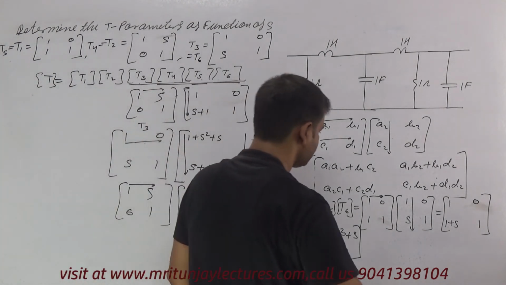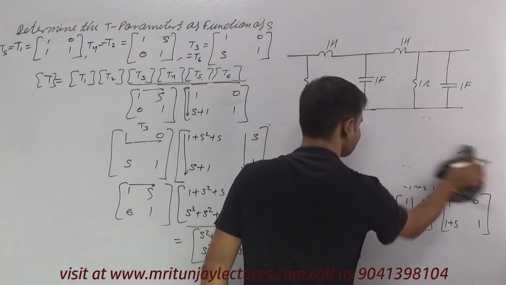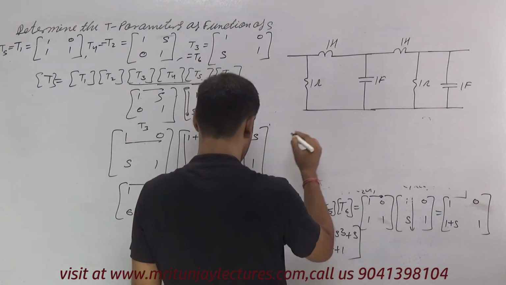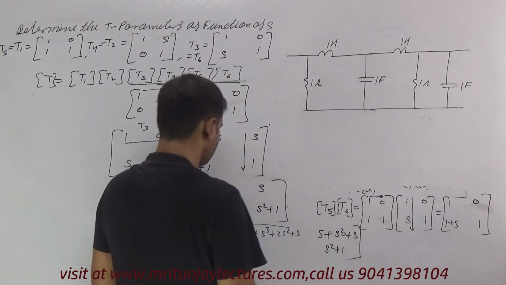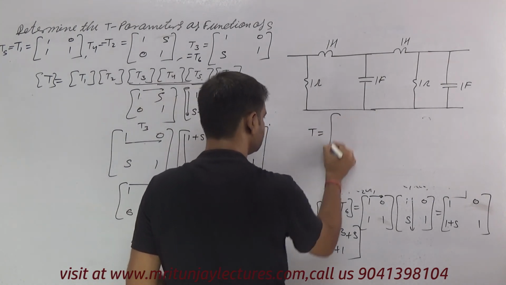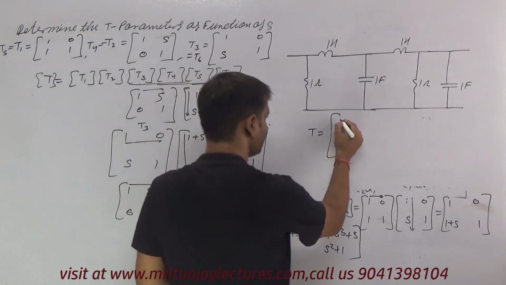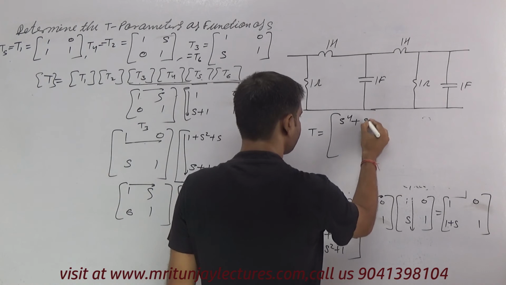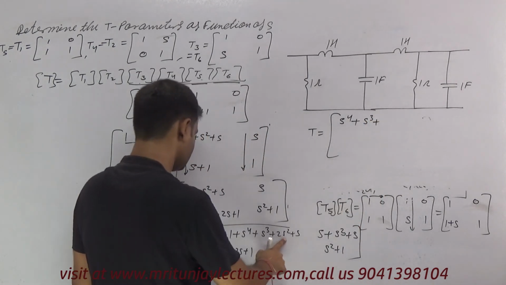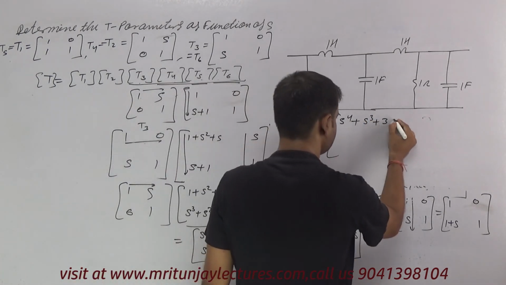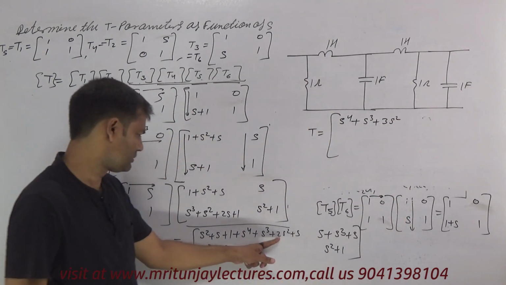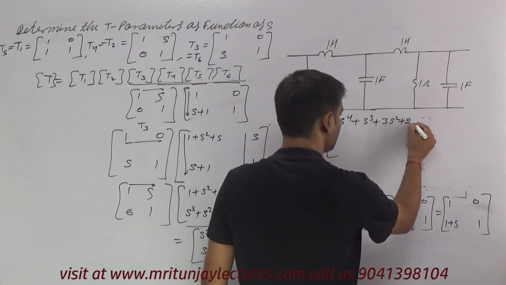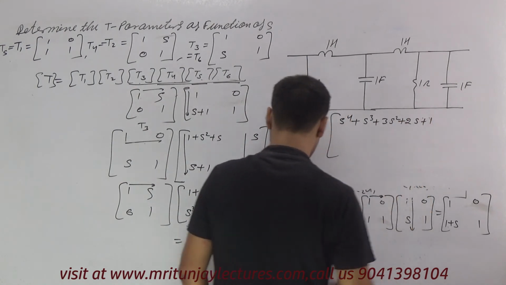Now the final answer is S to the power 4, S cube plus 2S square plus S square, that is 3S square, S plus S, 2S, and plus 1.